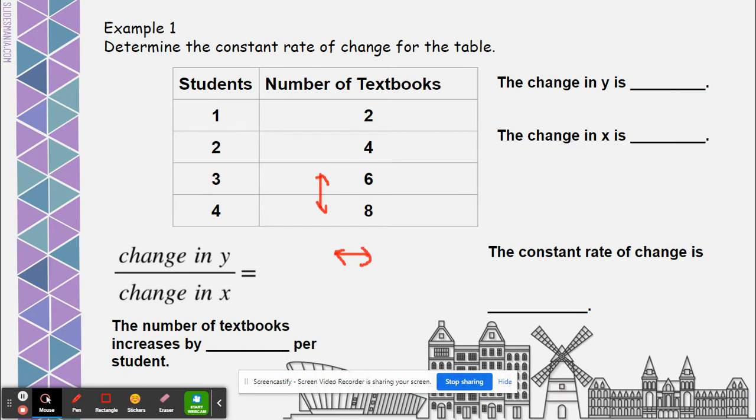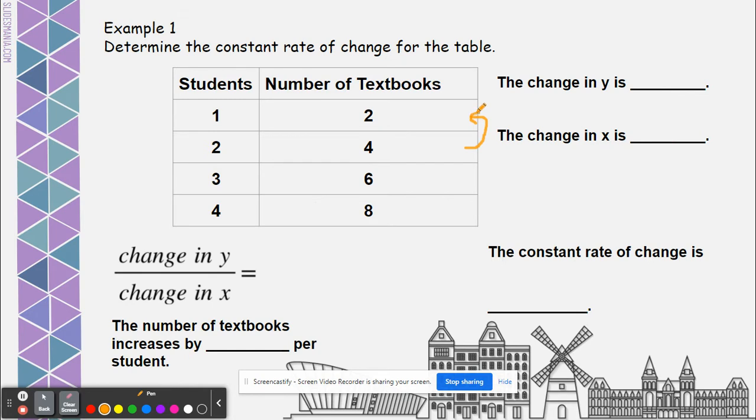All righty. So let me get rid of this. Okay, so now we're going to take a look at the change in y versus the change in x. To calculate the change in y, we're going to do 4 minus 2.